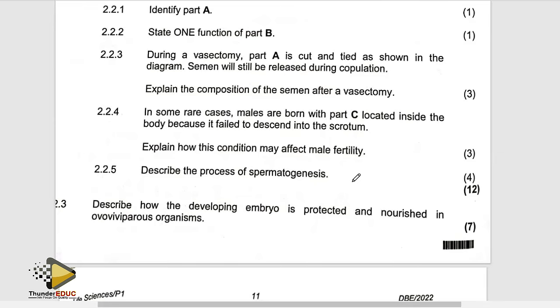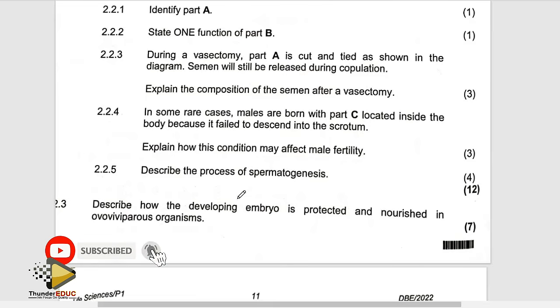Then the sperms will be few in number, and they are most likely not to reach the fallopian tube to carry out fertilization. The consequence will be a lower probability of the egg being fertilized. That's the meaning.